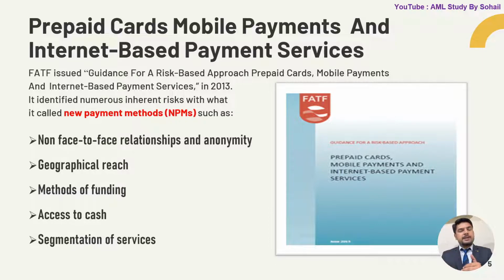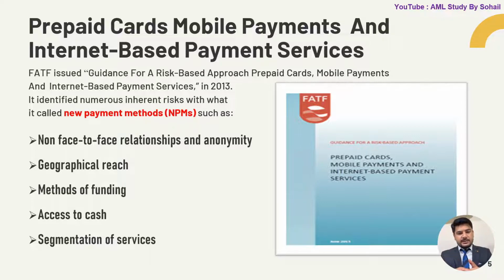Like if any person comes into our financial institution, we see them before the transaction. Then there is geographic reach: through the internet you can process your transaction anywhere in the world. Like if I want to process a transaction sitting in UAE, but I want to send money anywhere in the world within one click, so it is also vulnerable.